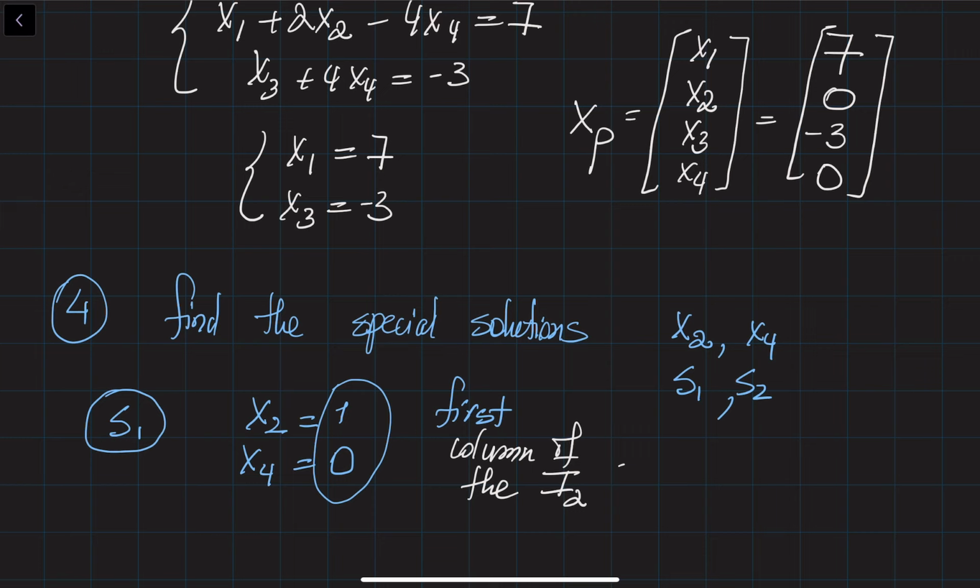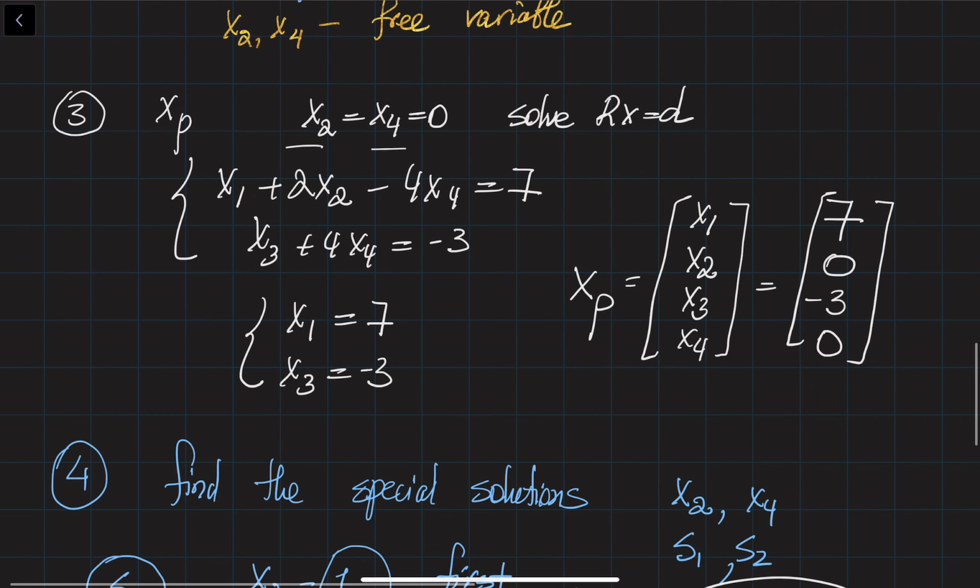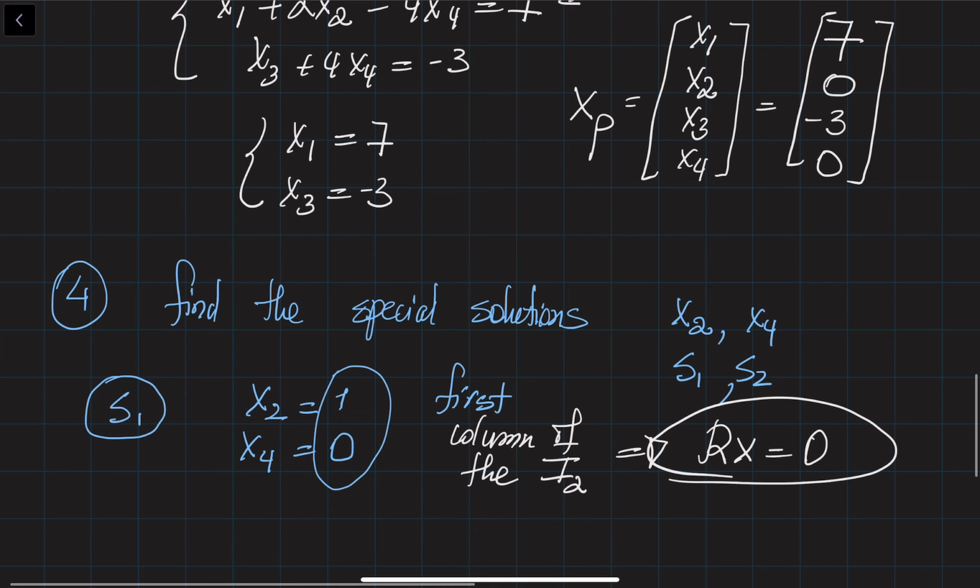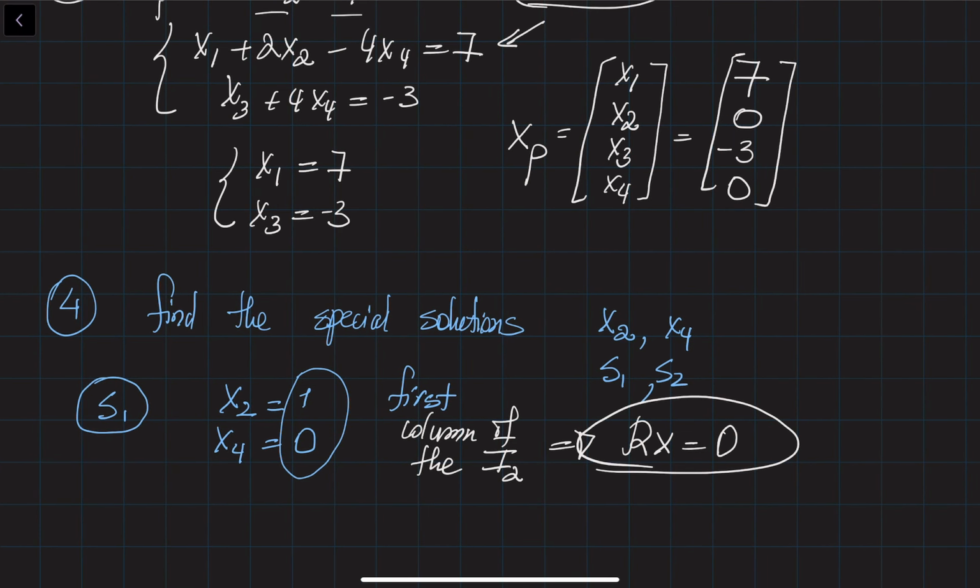Then we're going to plug this into Rx is equal to d and solve this. Oh, sorry, Rx is equal to 0 and solve this. It's important that the right-hand side is equal to 0, not d. So when you find a particular solution, you solve Rx is equal to d, and when you find a special solution, you solve Rx is equal to 0. So what is our system?